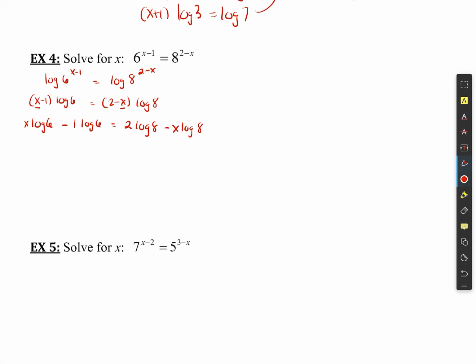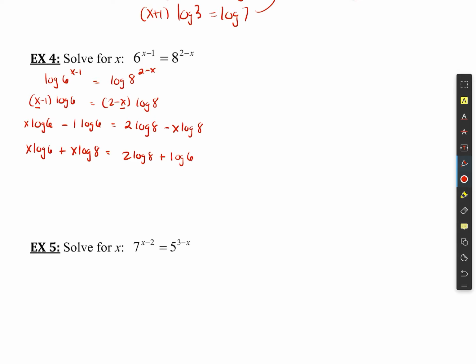So if I add over the x log 8 and I add over the 1 log 6, which I'm just going to write as log 6, I've now set this up so I only have x on one side.